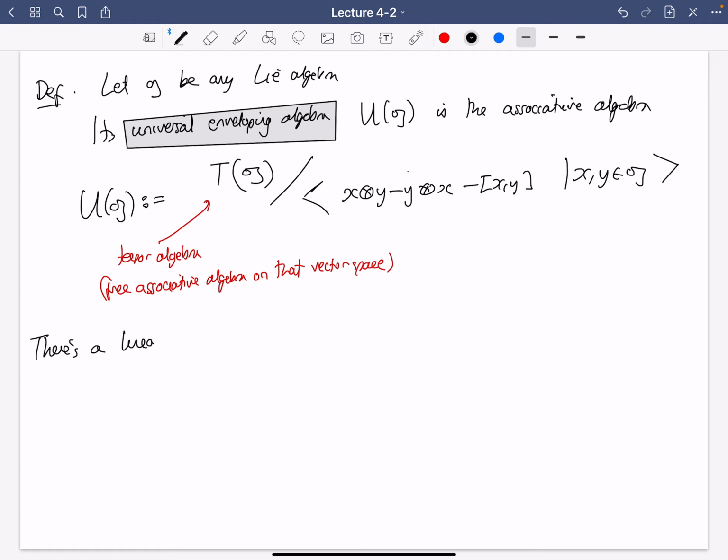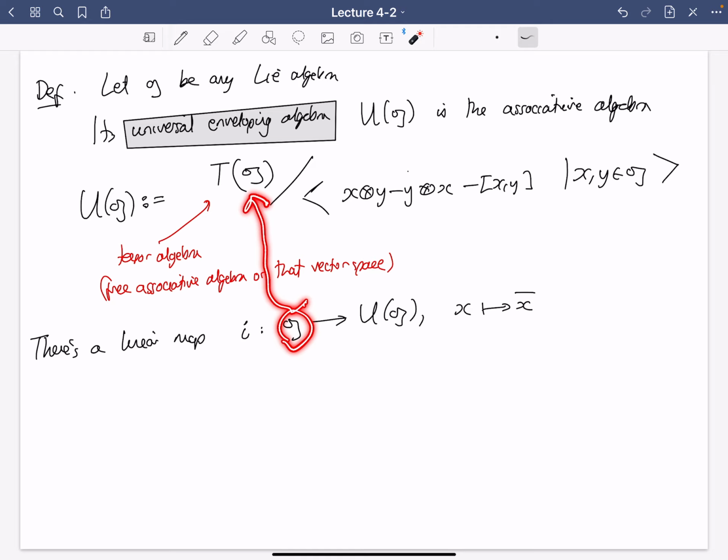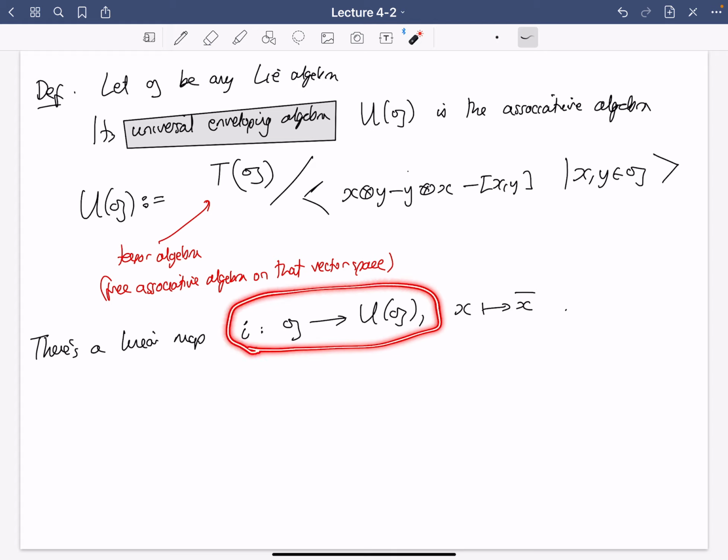There's then a linear map, I from G to U of G, which I'll often write as X maps to X bar. This is just the canonical map: the vector space G embeds into the tensor algebra, and then the tensor algebra surjects onto the universal enveloping algebra, because it's a quotient of the tensor algebra by definition. At this point it's not obvious that this linear map is itself injective.